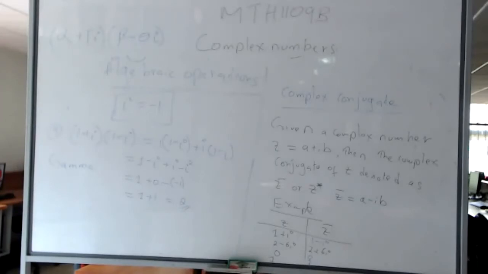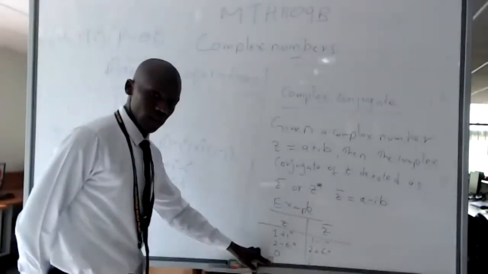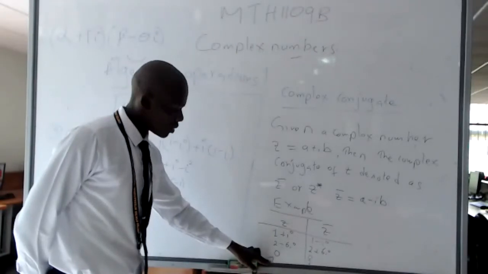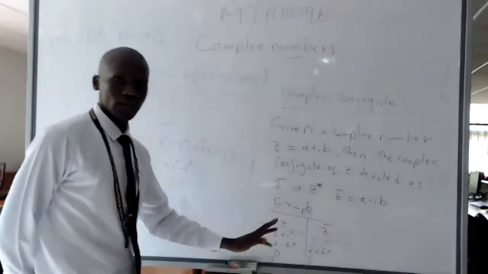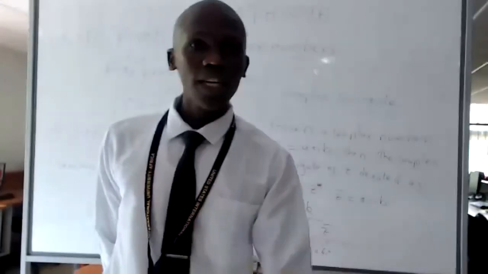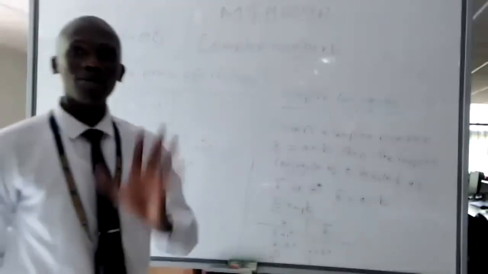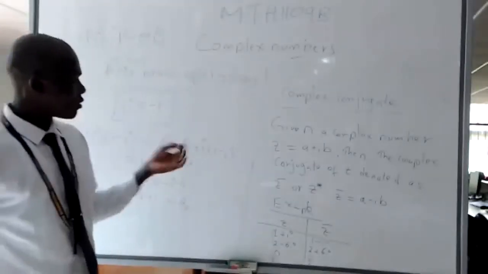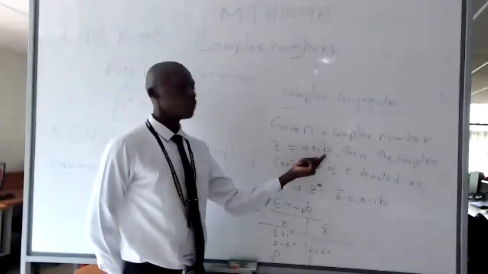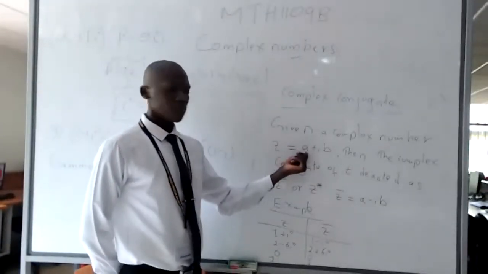What did you say the last one was? The conjugate of the last one. 1. So it remains as 1. Yes, 1 is 1. Actually, in general, the complex conjugate of any real number is the real number itself. And I'll try to explain that. When this b is 0, you just have z is a.